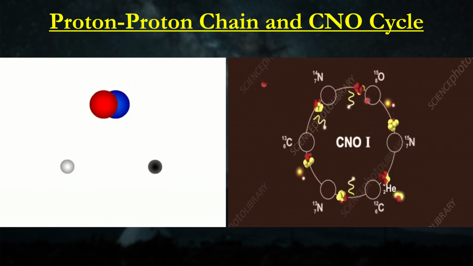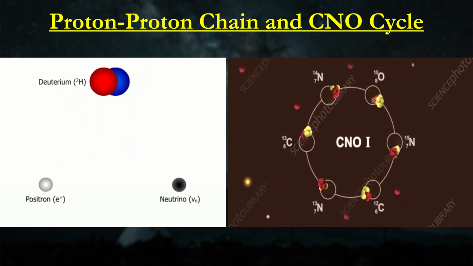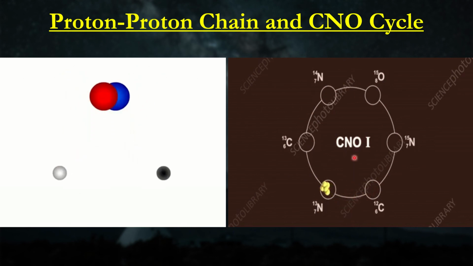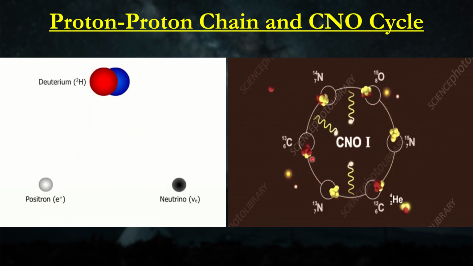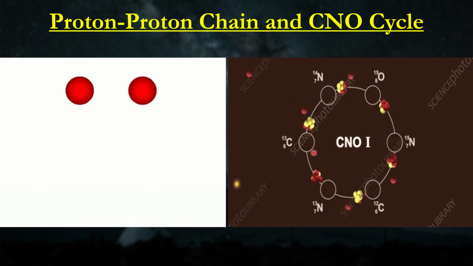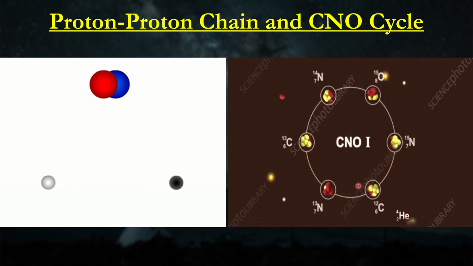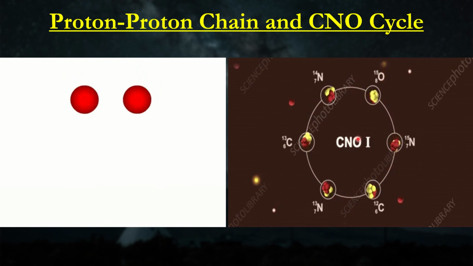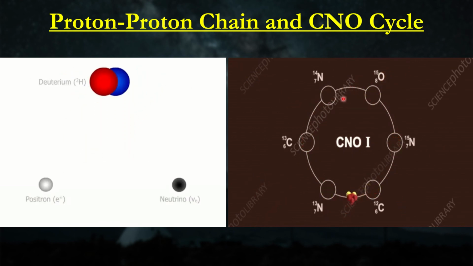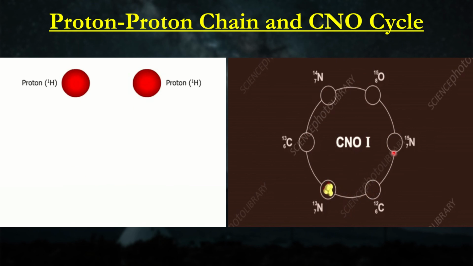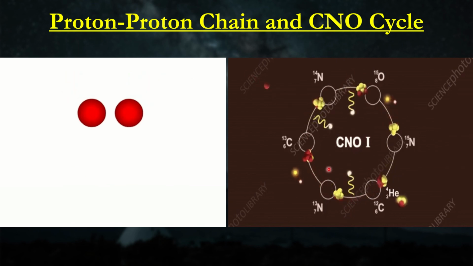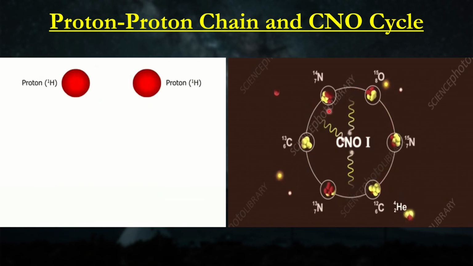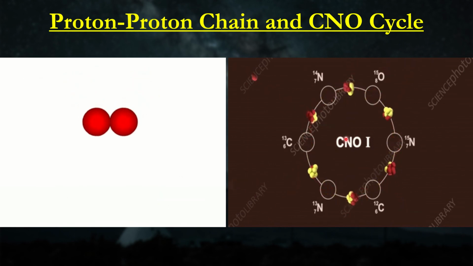The CNO process is slightly different, so instead of using protons to collide with our desired atom, we use these heavy elements as guides to help facilitate the release of photons and then forming the ideal helium nuclei that we were hoping for to power and generate the sun.